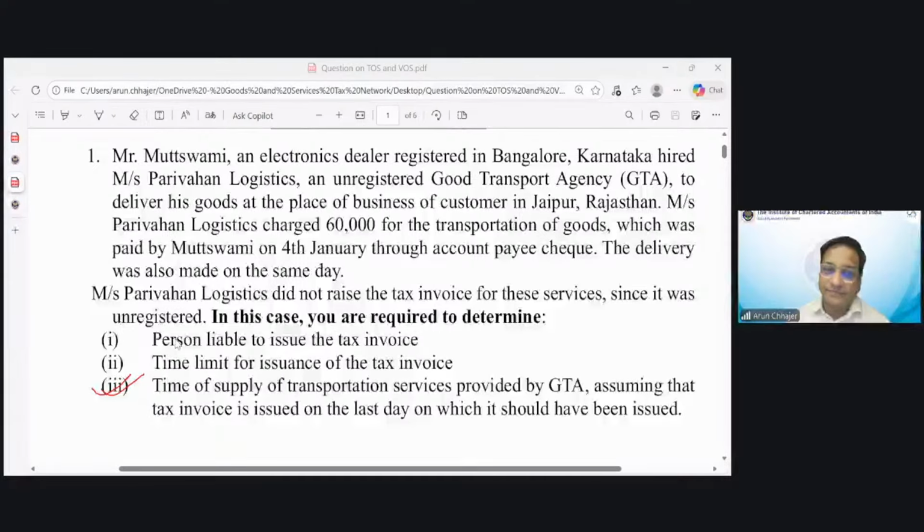What is the time of supply? आपके पास क्वेश्चन है. You have the date, then tell me the date. I need the date.